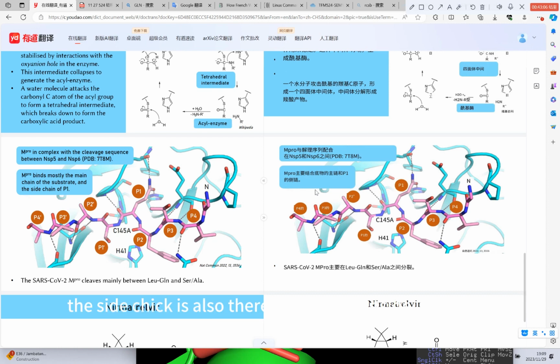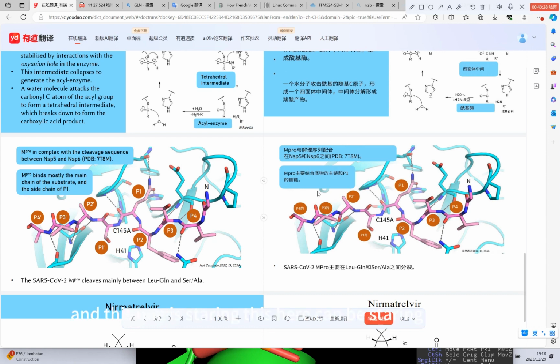Okay, so the enzyme can cleave only between glutamine and, in front of the glutamine, this one can be leucine or phenylalanine. Between this glutamine and this one is serine. This here can be serine or alanine, but anything bigger cannot go inside maybe. So that is some specificity.